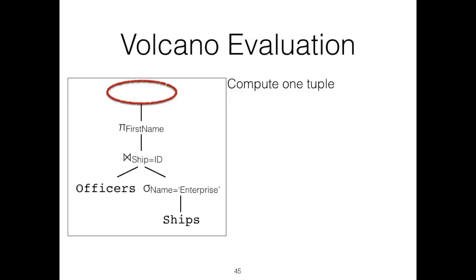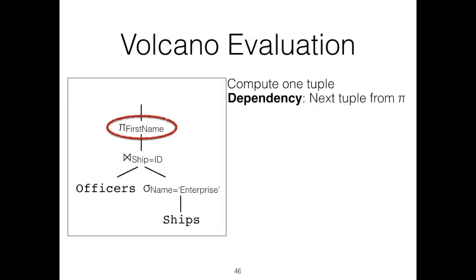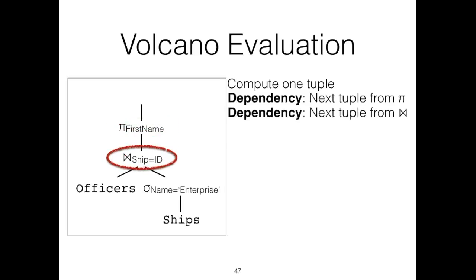And so the way this is going to work is you're going to start off at the very top, and you're going to want to compute the next tuple in the output. Now, in order to produce the next tuple of the output, I need to produce the next tuple from the projection. If I want to produce the next tuple from the projection, I need to produce the next tuple from the join.